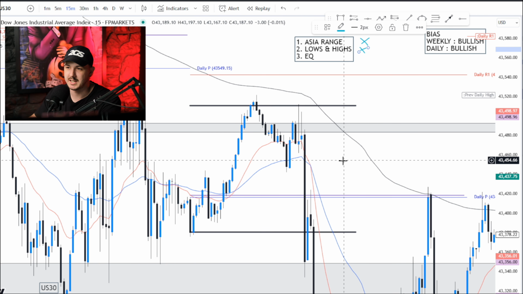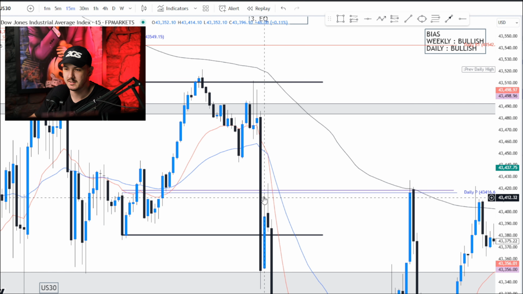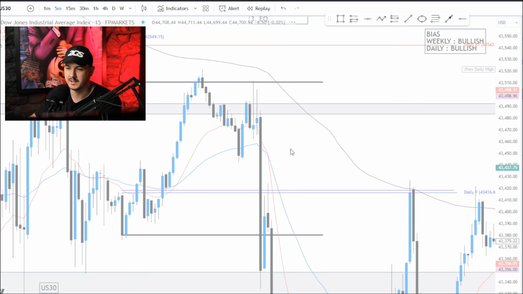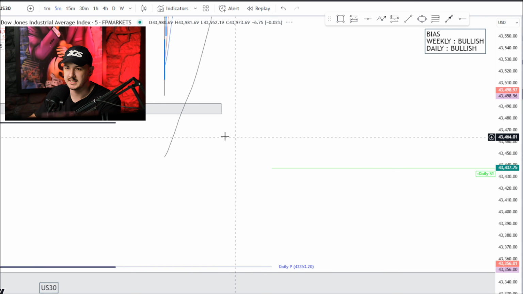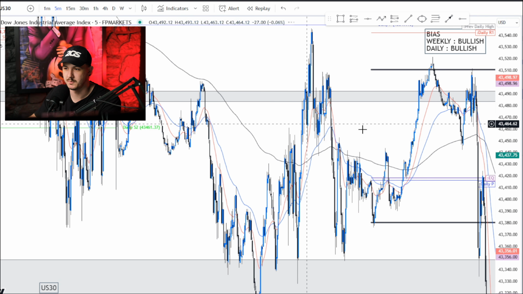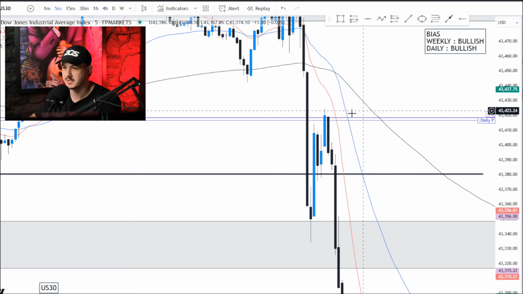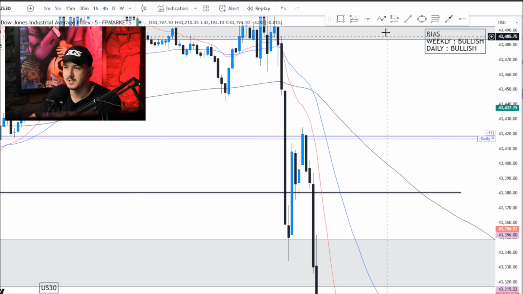Lastly, we know the EQ needs to be tested, and we can see almost just after that break in, we did fall a little bit short, and now we go for the test. So we can jump down to our 5, and let's see what happens over here. Just go back to where we were. There we go. Same as last time, it closes pretty much on the EQ, and again, as I said, you need that second candle.